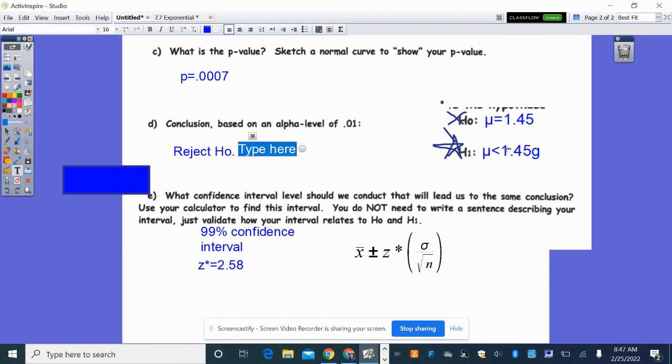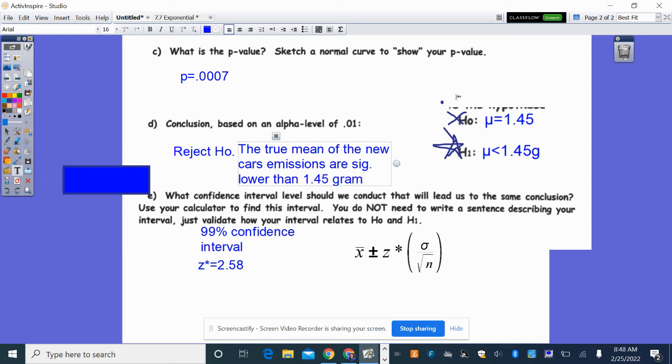The true mean of the new cars is significantly less than 1.45 grams. So the true mean of the new cars' emissions is significantly lower than 1.45 grams.